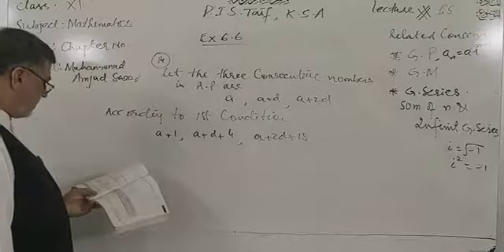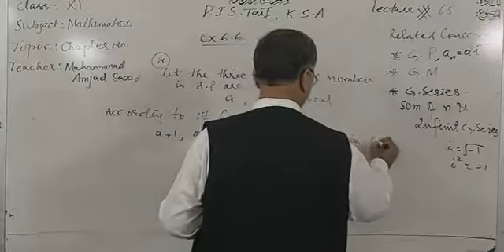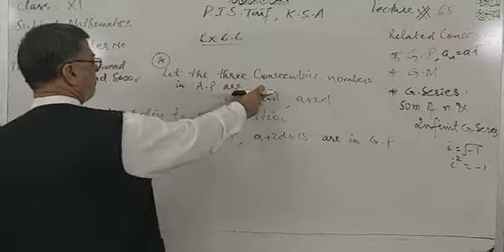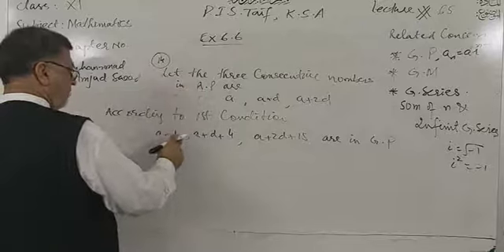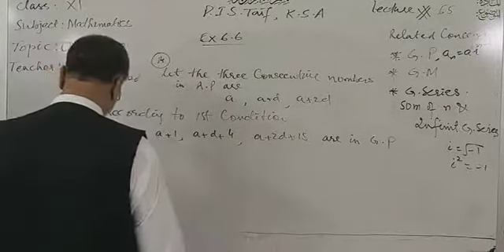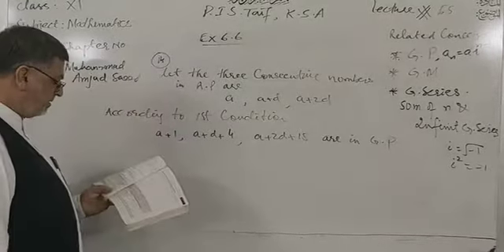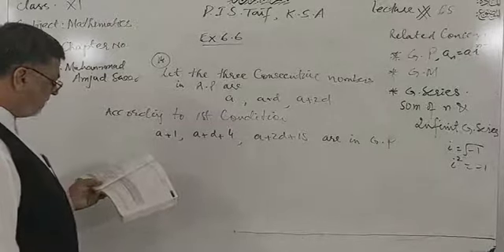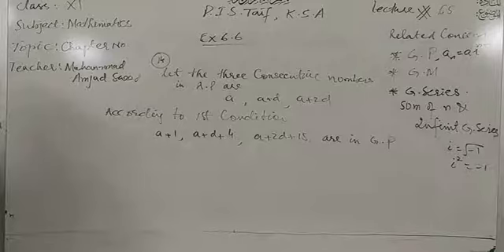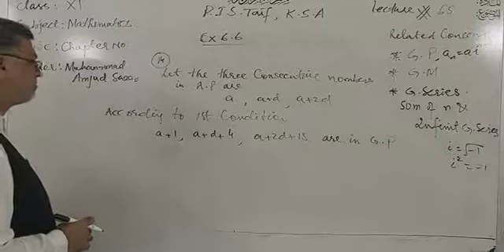The resulting numbers are in GP. Originally they were in arithmetic progression. Find the original numbers if their sum is 6.